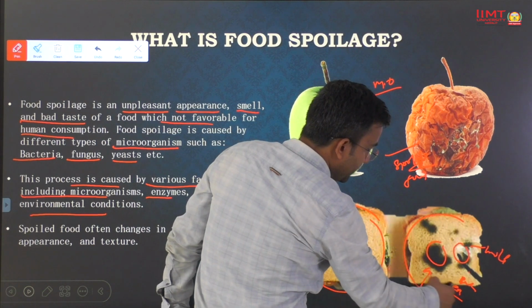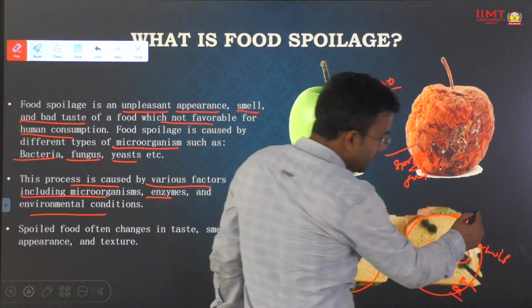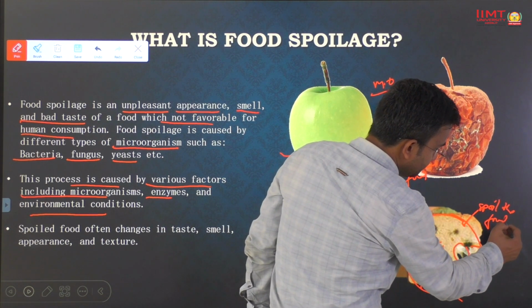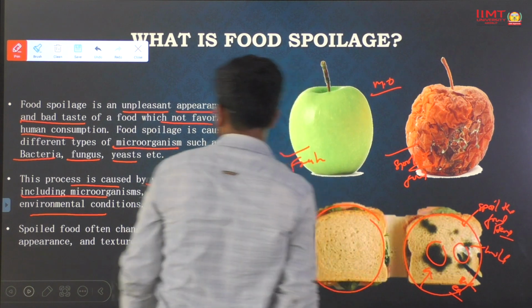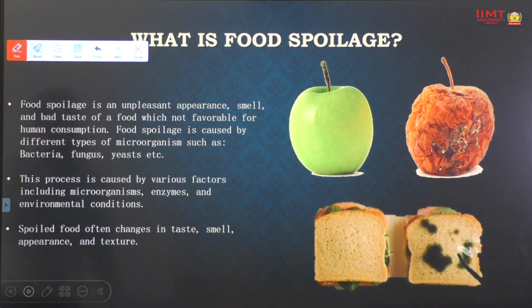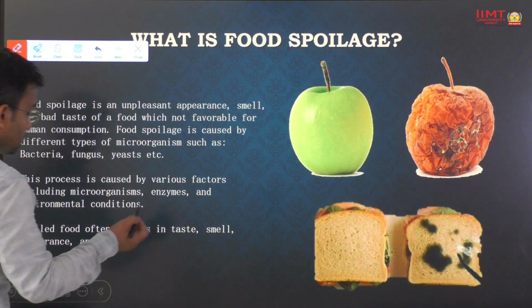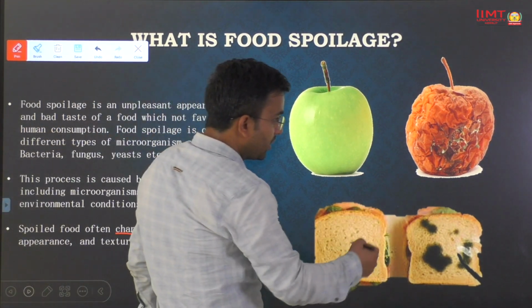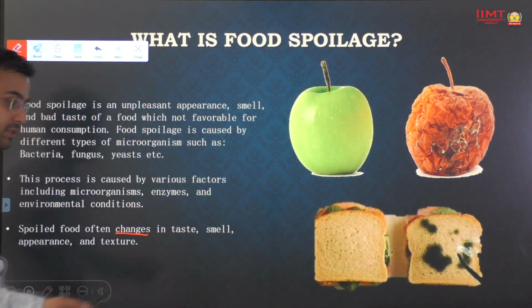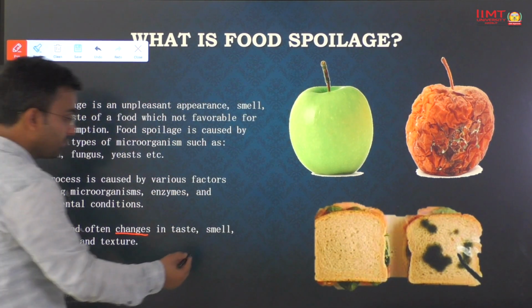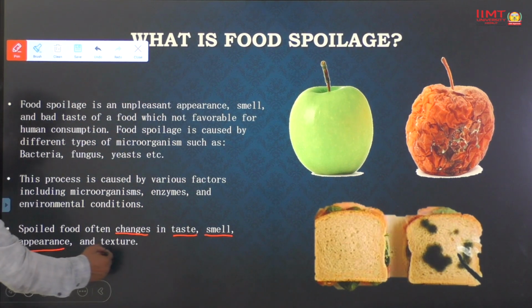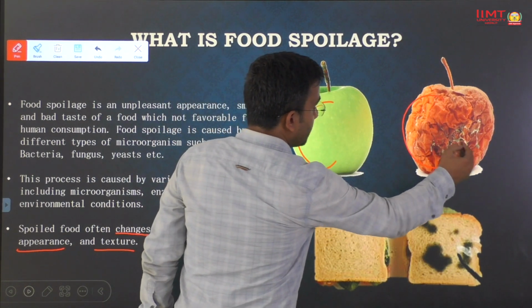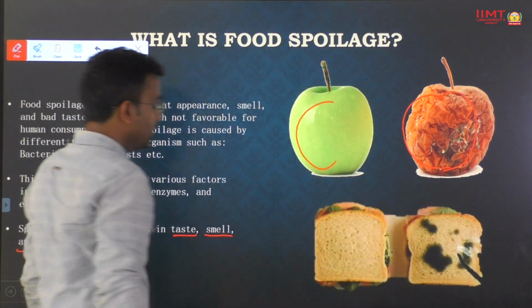So it is a contaminated portion which spoils the food item. Spoilage often brings changes in taste, smell, structure or shape, appearance and texture. So we know all about fresh fruits being spoiled by microorganisms.